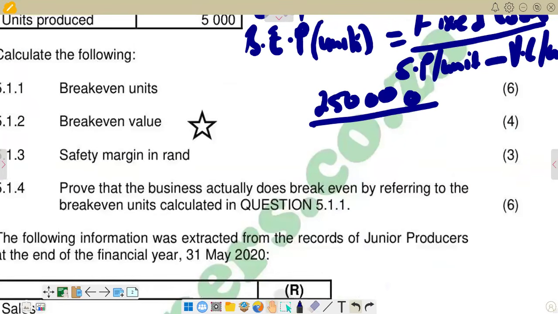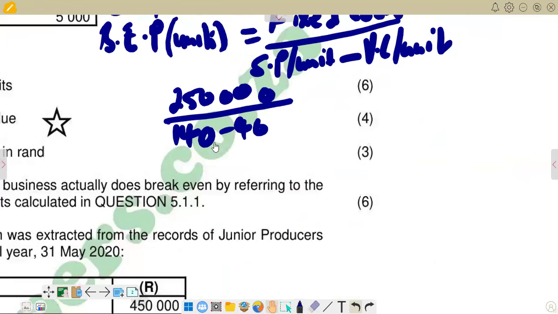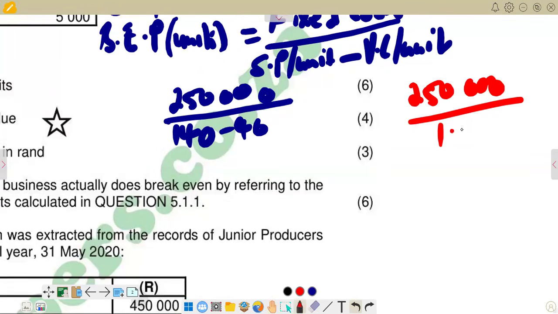The denominator is selling price minus variable cost per unit, 140 minus 40, which gives 100. So it's going to be 250,000 divided by 100.